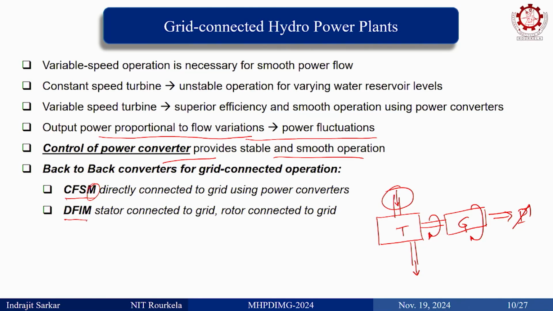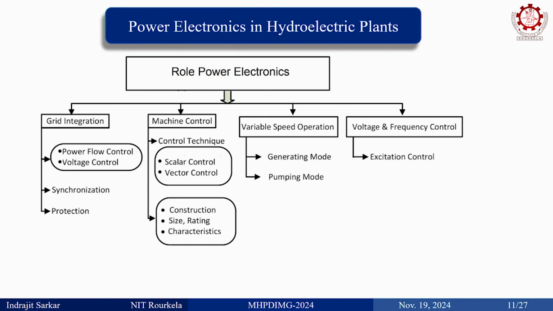In the converter fed synchronous machine, the stator of the machine is connected through a power converter or frequency converter to the grid, either through a transformer or directly, depending on what kind of converter you have. And in the doubly fed induction machine, the stator is connected to the grid, but the rotor is connected through a converter, which we will see.